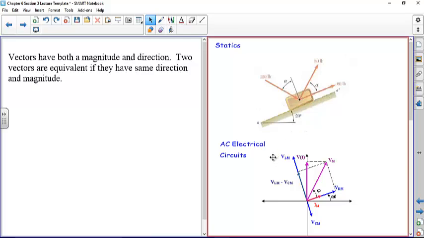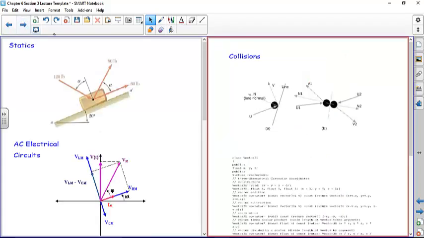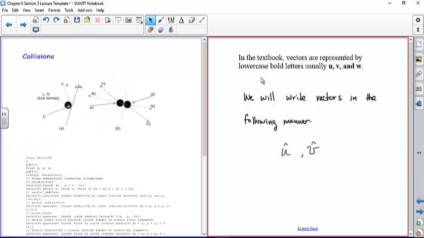Here this is an electrical circuit, and they use vectors to represent the relationship between different kinds of electrical elements. And this is showing the collision between an object and a flat surface and two objects. And analyzing this, you also look at vectors. Okay, so that's some applications.